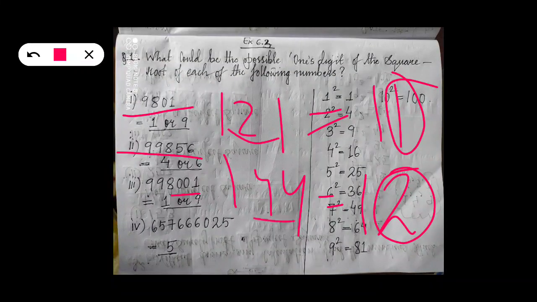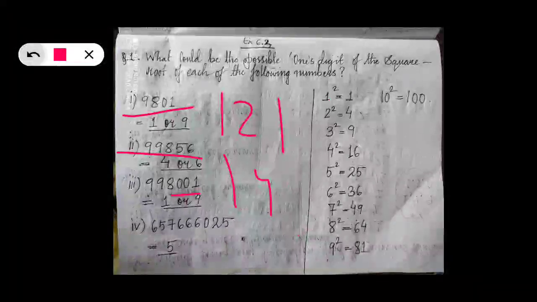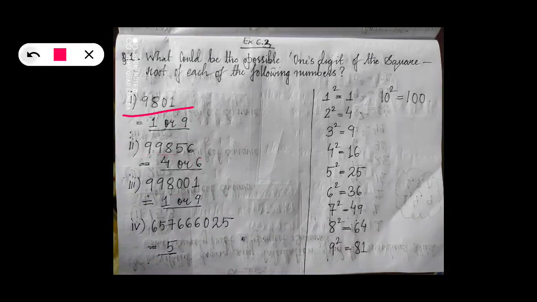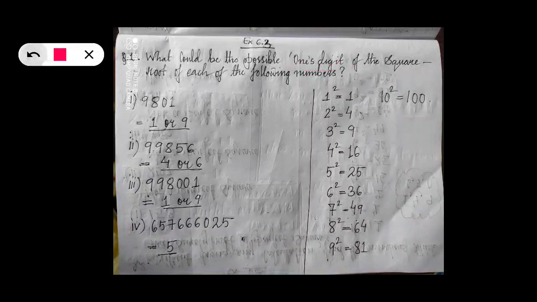These are small numbers, so we know the square root. But here it's a big number, we don't know the square root, but we will not find it also because the question is asking you only the ones digit. So there is a small trick in which you can easily get the ones digit of the square root of the given number. Okay, now see what is the trick.